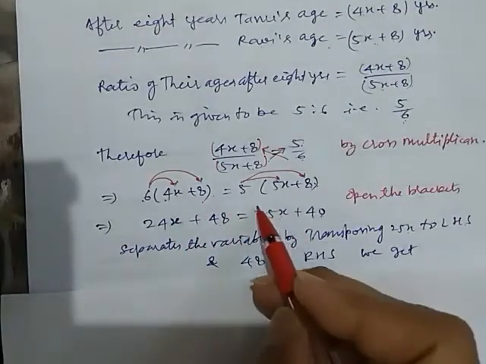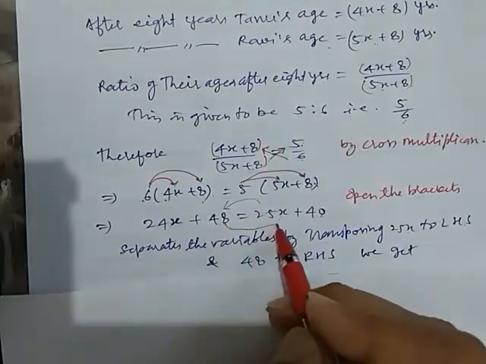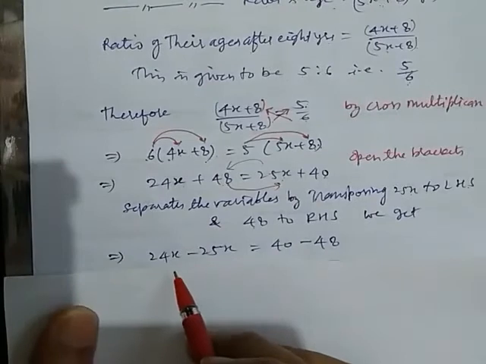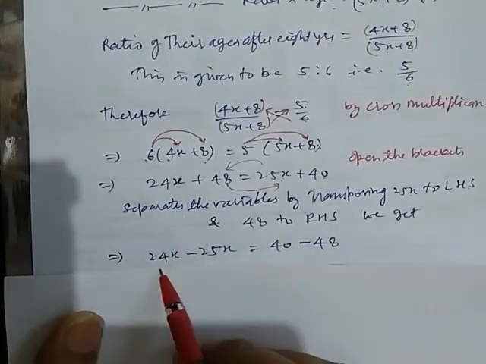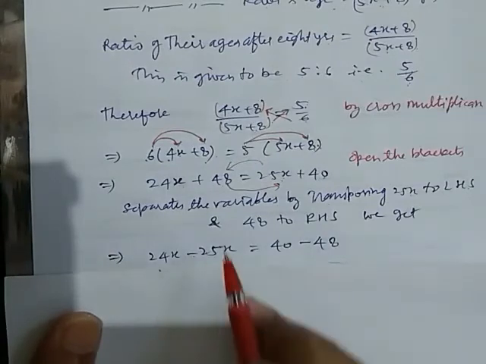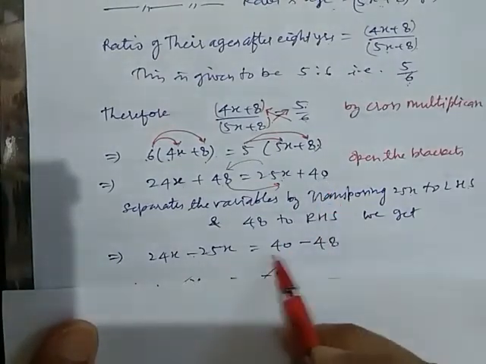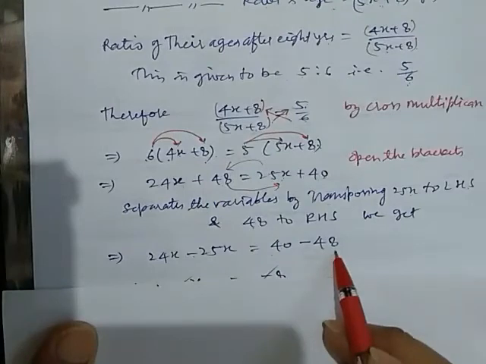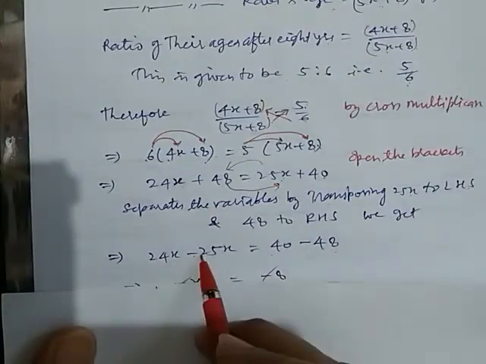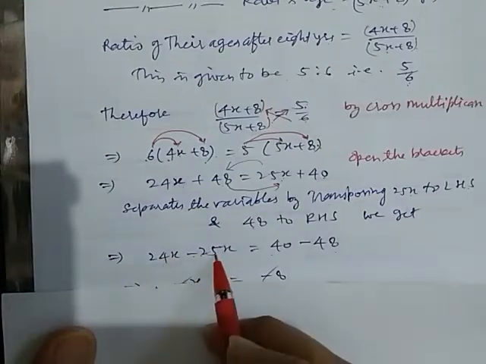So our equation reduces to 24x, and this 25x becomes negative, and 40 minus 48, this 48 becomes negative. Now both terms have different signs, so subtract them.